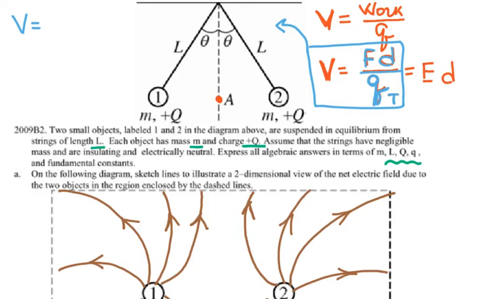In our case, we do not know the charge at point A. So the force F is the electric force, and I can rewrite it as Q1 Q2 over the distance squared, times the distance and divided by Q.